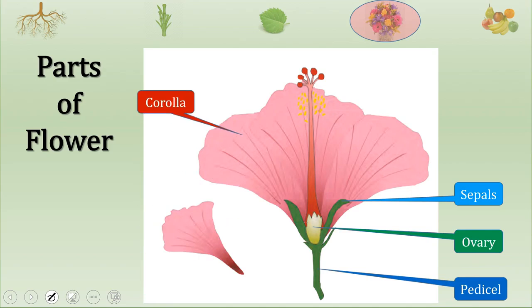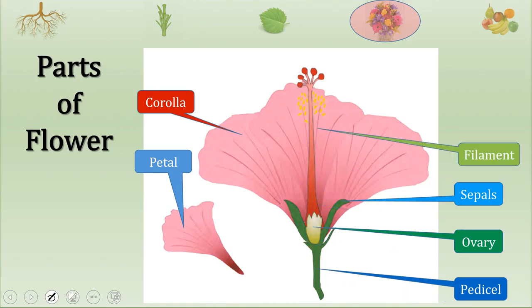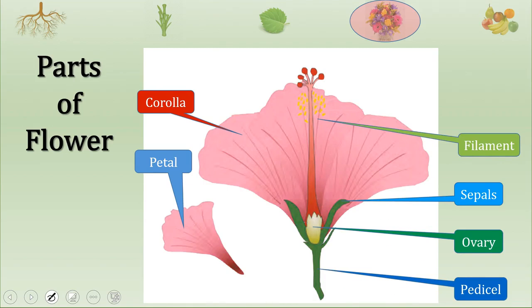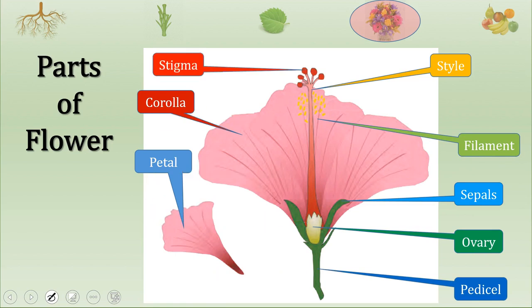This is the corolla, these are petals, these are filaments, this is the style, these are stigma, and these are anther. So these are the parts of a flower. We will see one by one what the functions of these are.